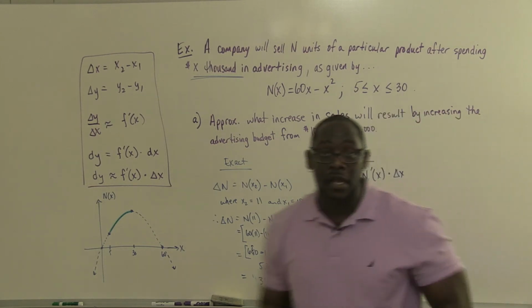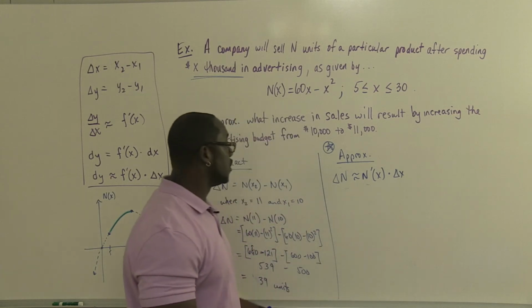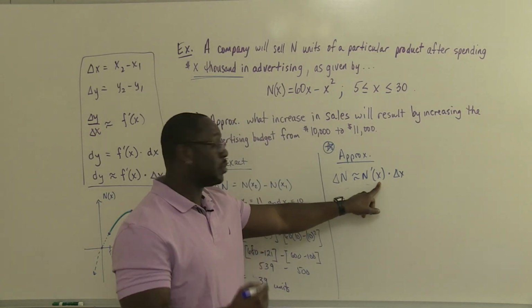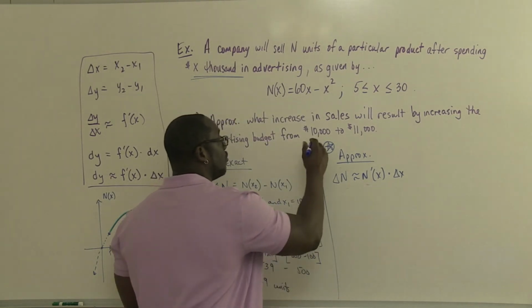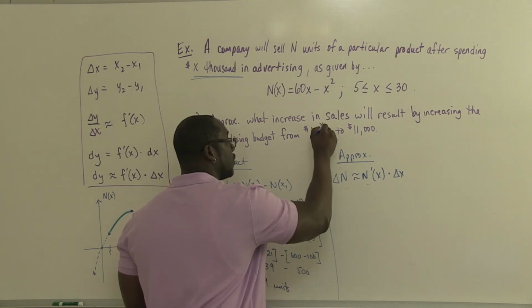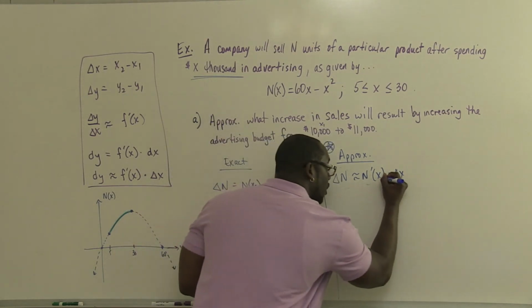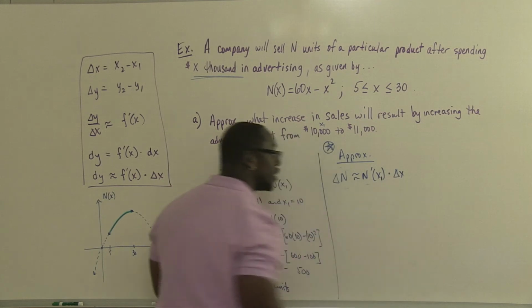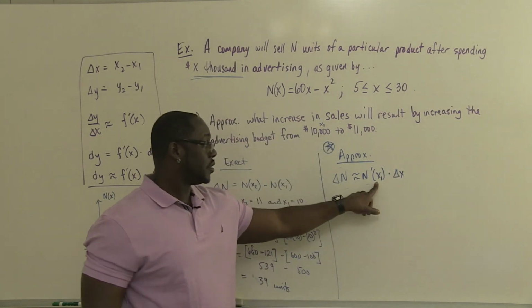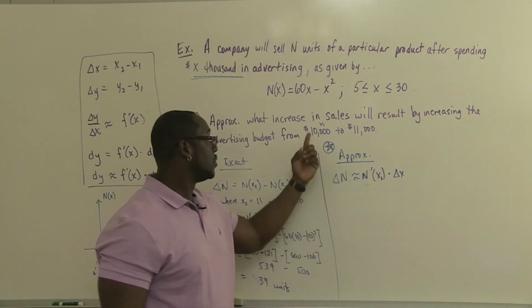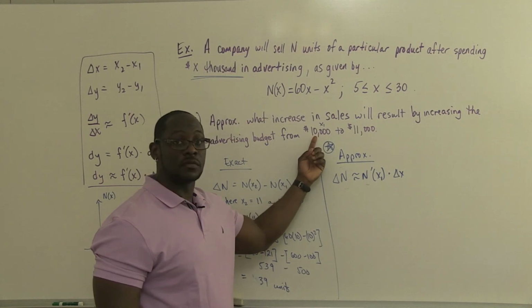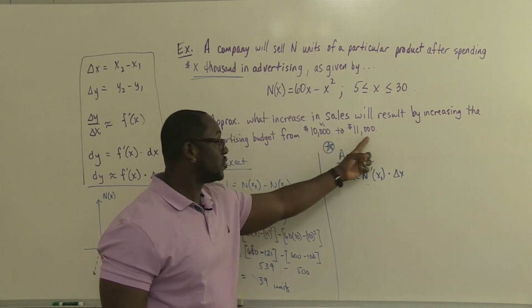Now, one other thing I want to make sure we understand is that this x, whenever we plug it in, is going to refer to this value here. So for clarity's sake, I'm going to put x1 right there, because this is the reference amount. So we're going from here to here.